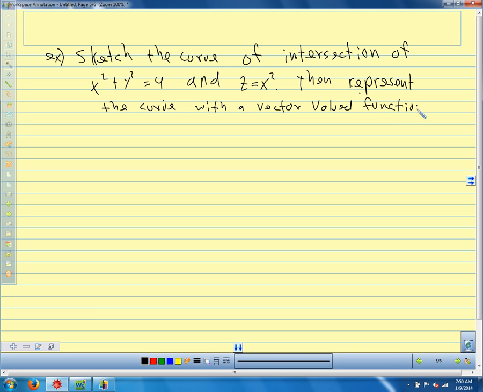And we'll be nice here and give you the parameter. x equals 2 sine t is going to be our parameter when we write our vector valued function.